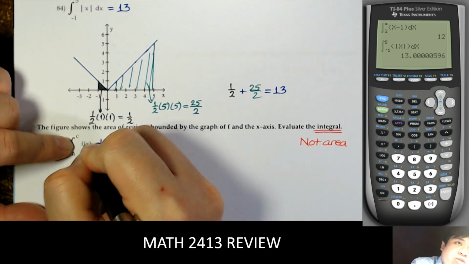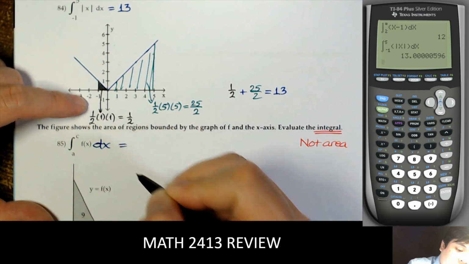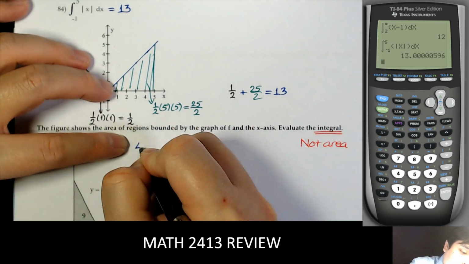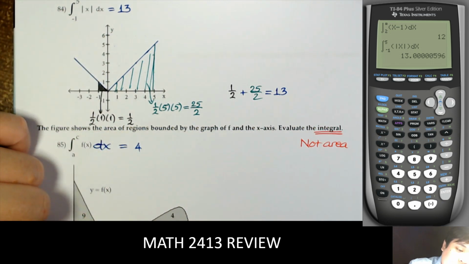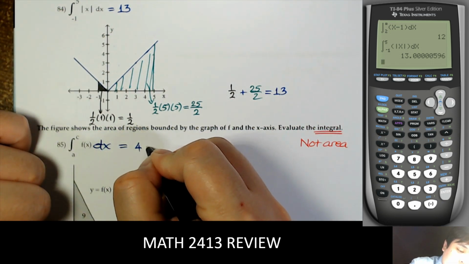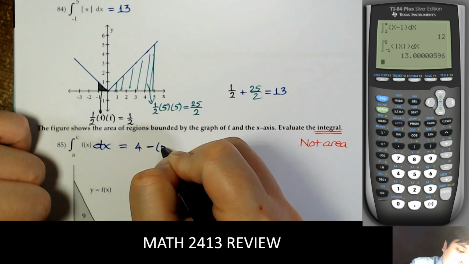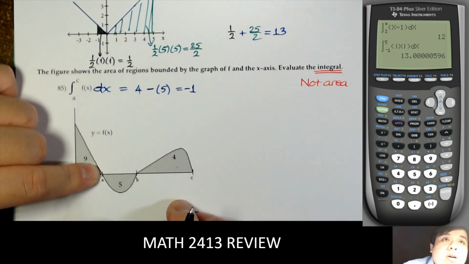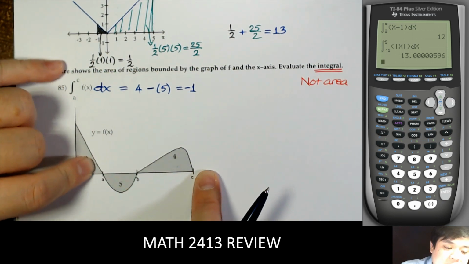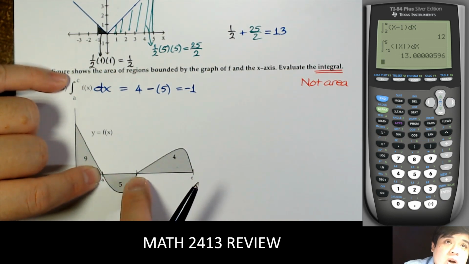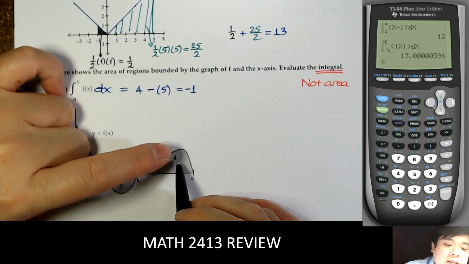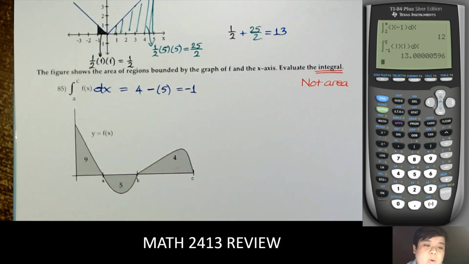The notation, let's forget the dx there. Whatever area is above is going to be positive 4, and the area below is going to be -5, so the total is -1. Again, for the integral from A to C, the area below takes the -5 value, and the one above takes the positive 4.